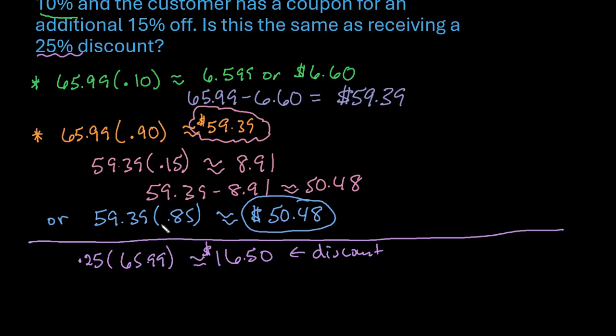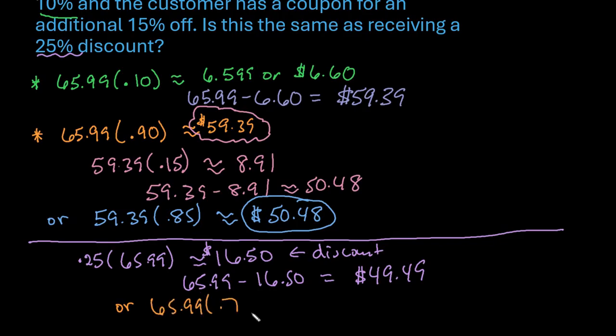If we take the original price of $65.99 and subtract the $16.50, we end up with $49.49. Or we could have also just done the $65.99 times 0.75, and we would get the same thing, $49.49.